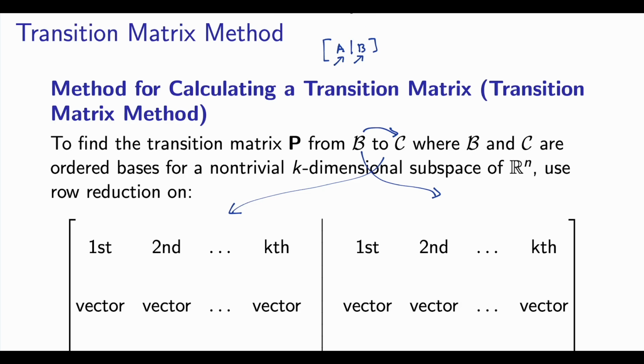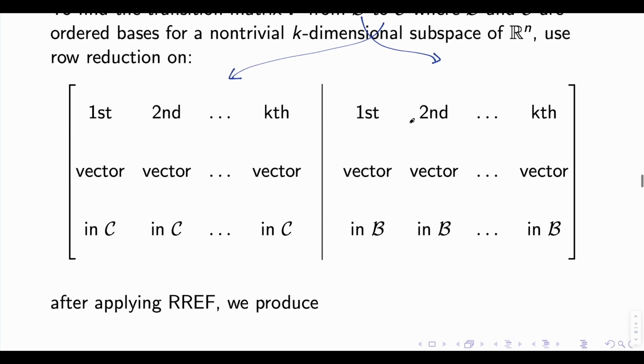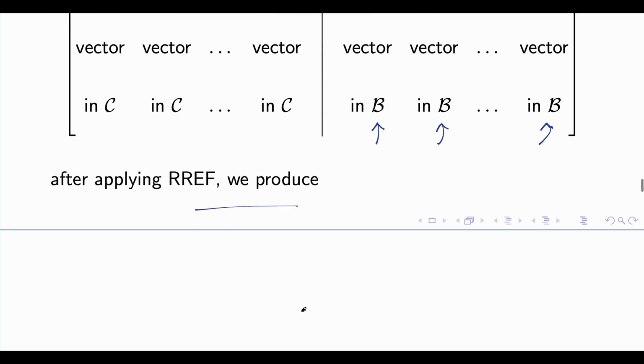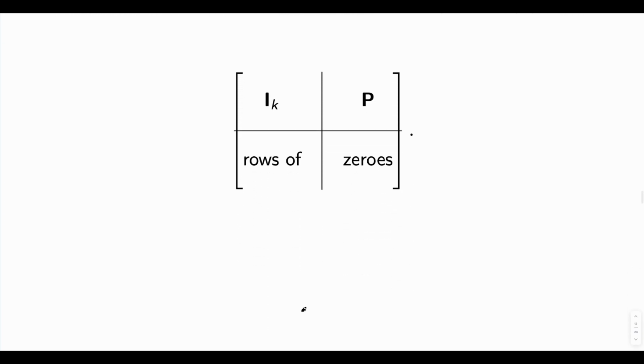Write the first, second, and third vectors of C column-wise, similarly the B vectors, and then apply RREF. After applying RREF, you will reduce to this form, I with zeros as we have seen before, and P will be the transition matrix.